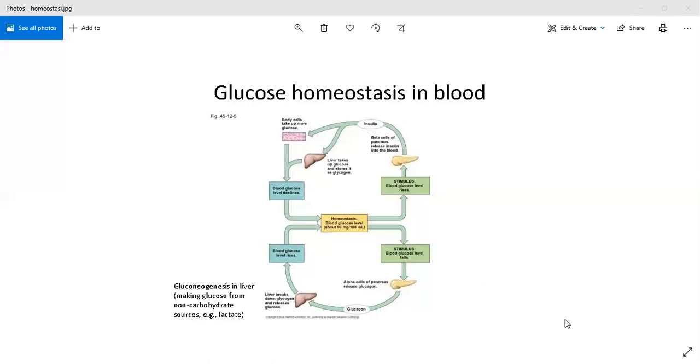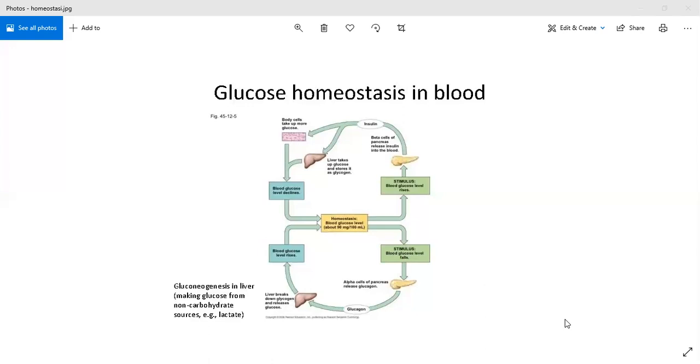And when your cells cannot get energy, they cannot function. So you could go into a state of coma, and all your cells will be in a kind of starvation because they are not getting energy.